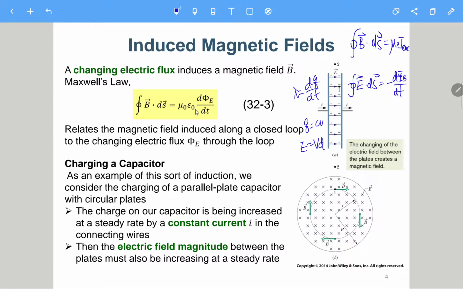So as the electric flux changes, there will be some magnetic field induced here. As an example of this induction, we consider the charging of a parallel plate capacitor using circular plates. So we assume the parallel plates are circular.